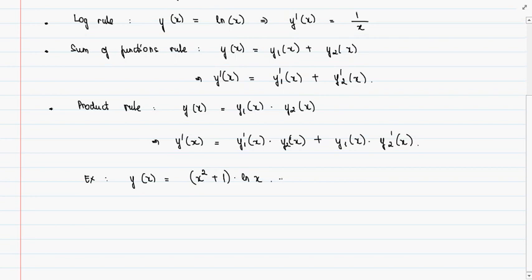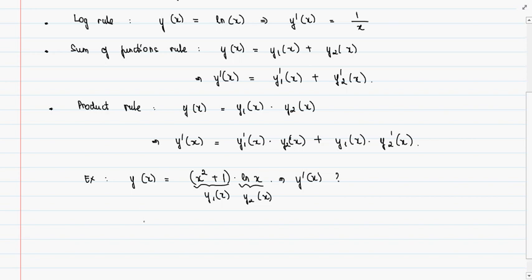How do I find the derivative of this function? Basically, as you can see, we can treat the function in the bracket as a function y1 of x, and the log of x is another function of x, so we treat that as y2 of x.